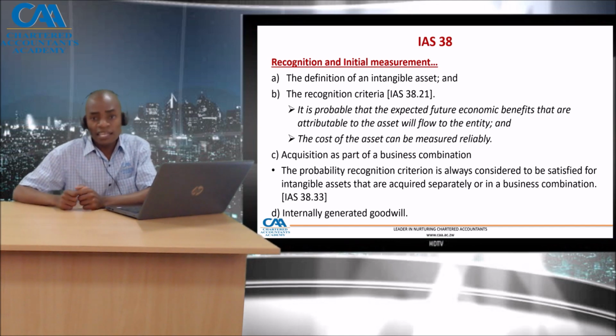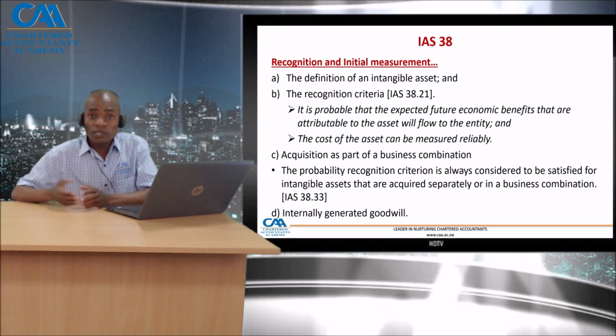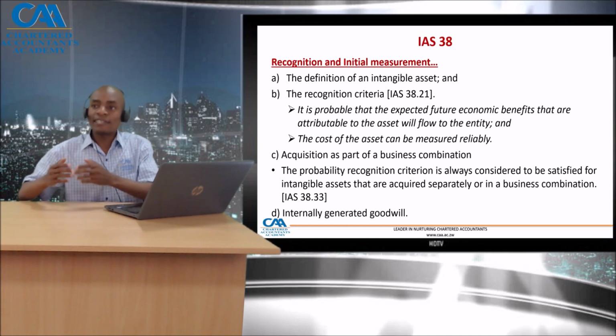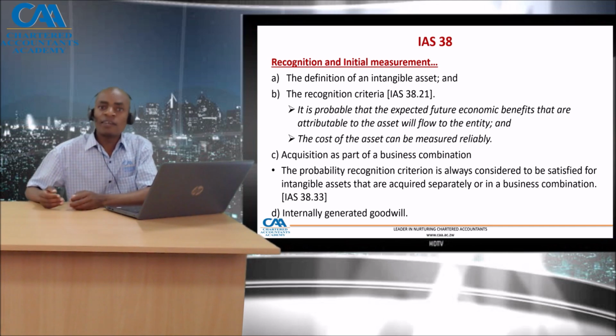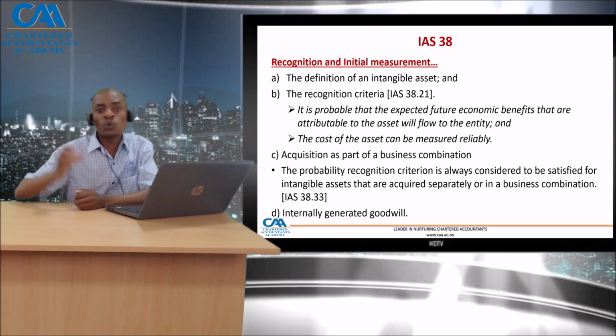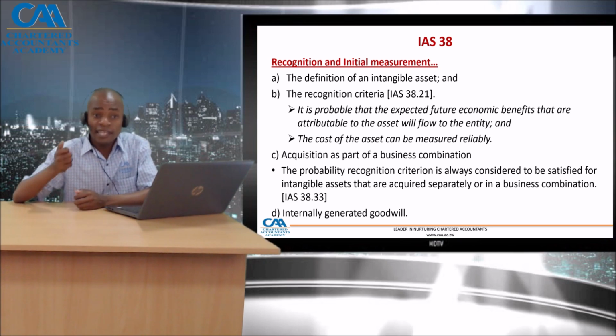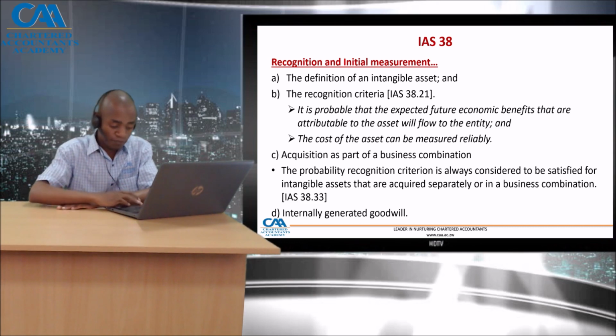Yes, it is a non-monetary asset, it is without physical substance, but it is not capable of being separated from the entity. The entity cannot transfer it to other parties. Therefore, it fails the definition of an intangible asset. Then let us move on to the next slide.